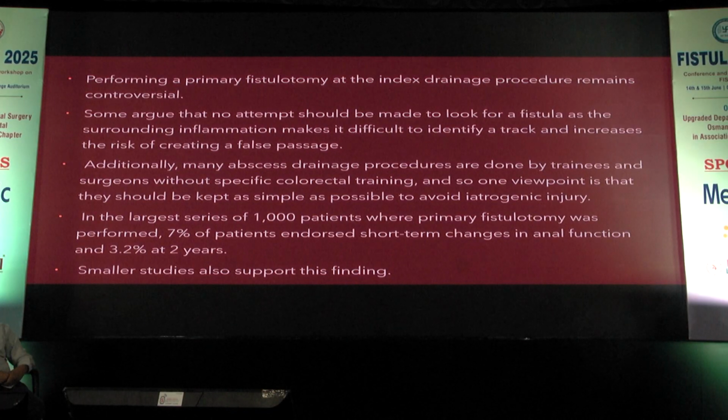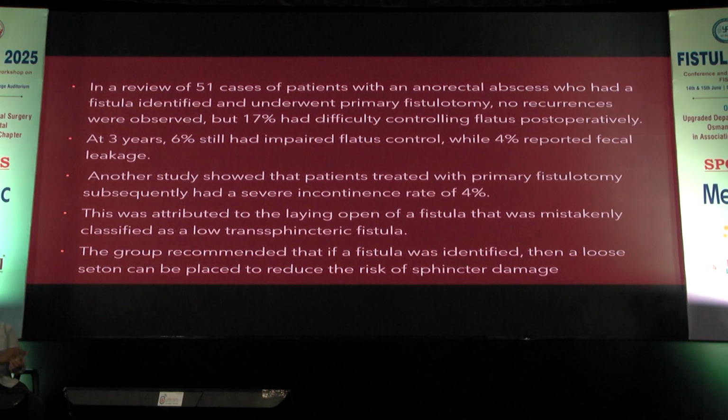In a review of 15 patients with anorectal abscess who had a fistula identified and underwent primary fistulotomy, no recurrences were observed, but 17% had difficulty controlling flatus postoperatively. At 3 years there was impaired flatus control, while 4% reported fecal leakage. Another study showed that patients treated with primary fistulotomy subsequently had severe incontinence.